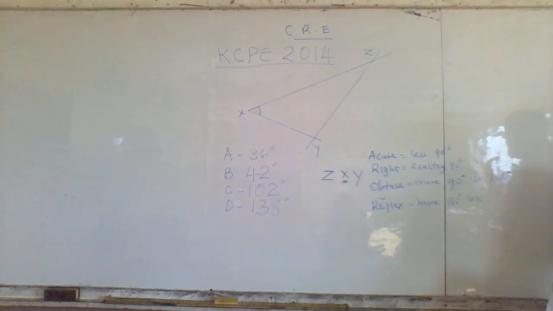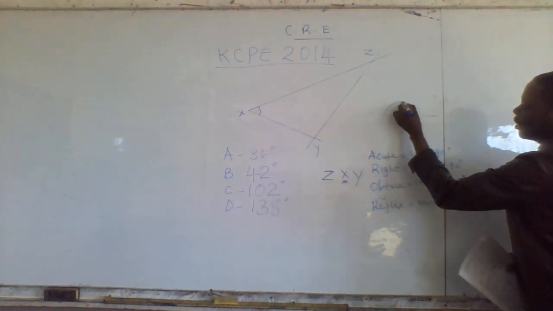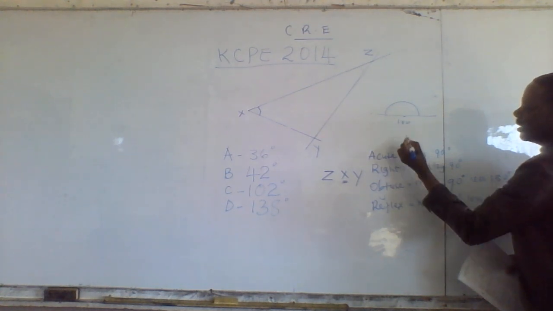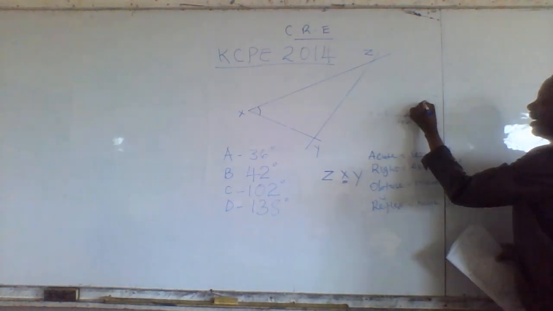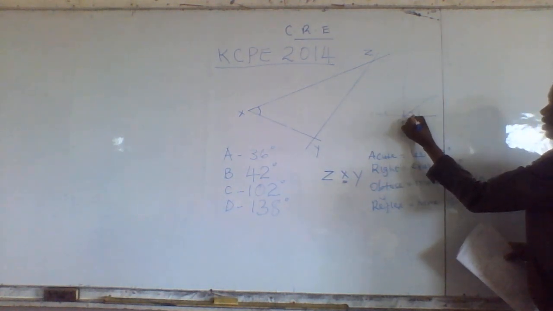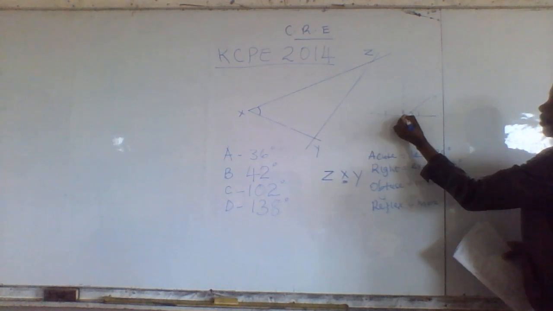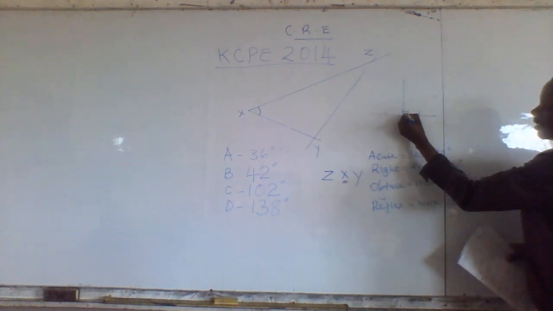Remember, a straight line like this has got 180 degrees. So an acute angle will be less than 90. We know 90 is supposed to be here. Up to less than 90, up to 89, that's an acute. Then from 90, that's a right.